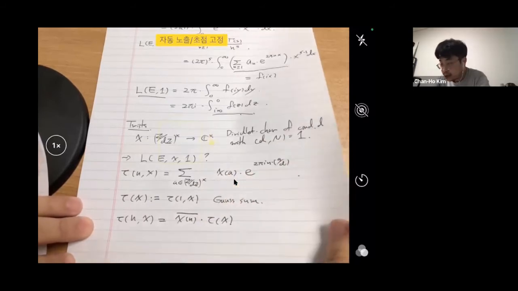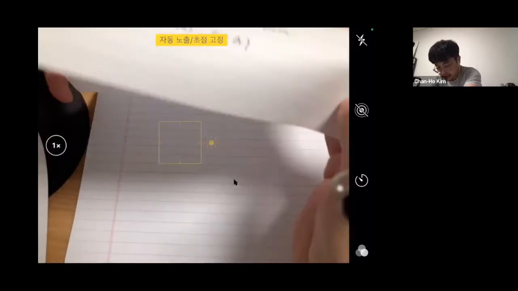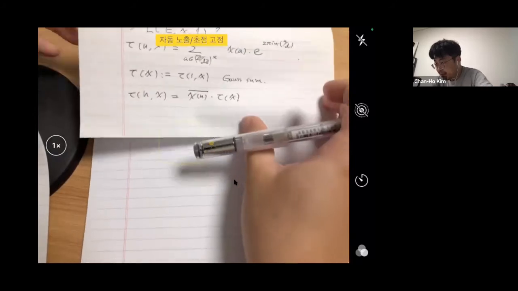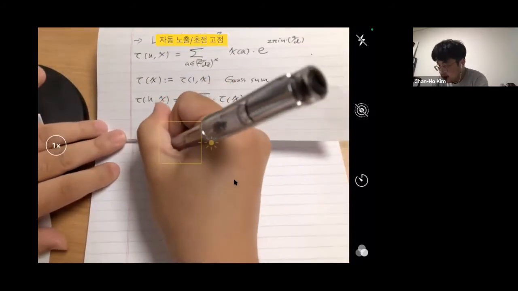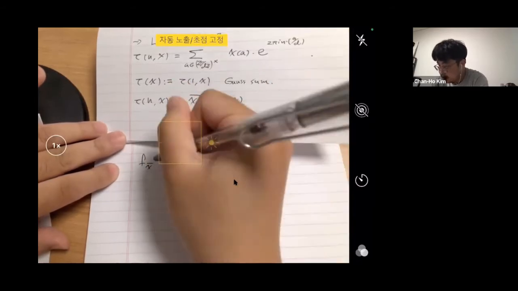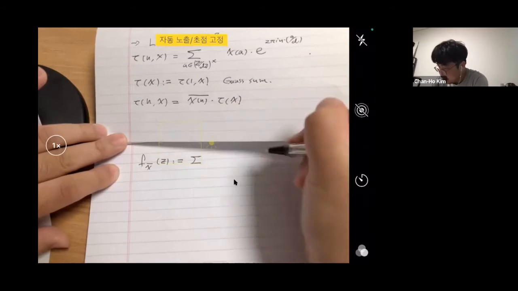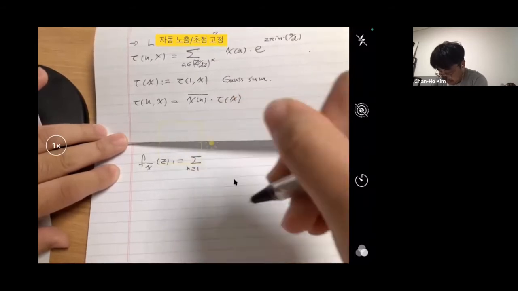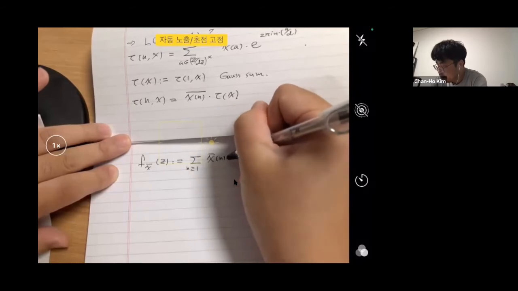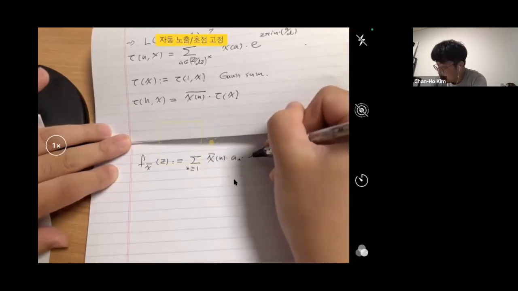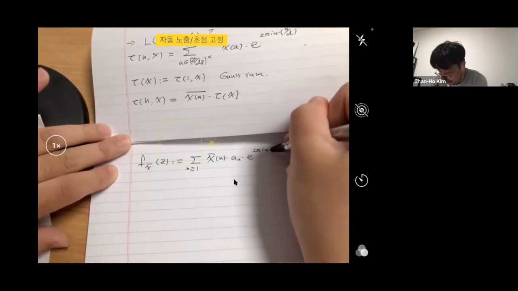Then we consider the twisted modular form, twisted by chi bar, that f_chi bar(z) is the sum, which can be written as follows. So it's the following twisted modular form, a_n e^(2 pi i n z).